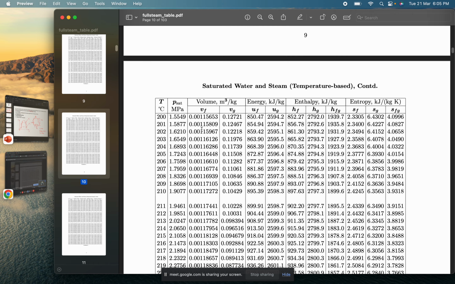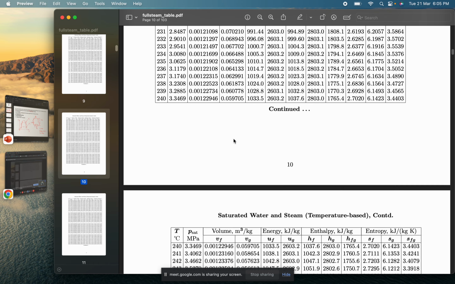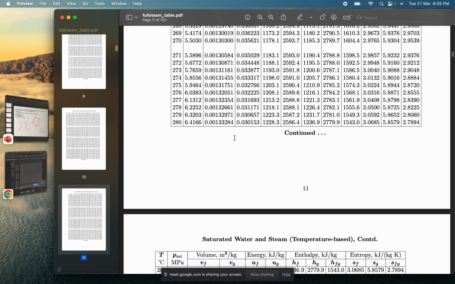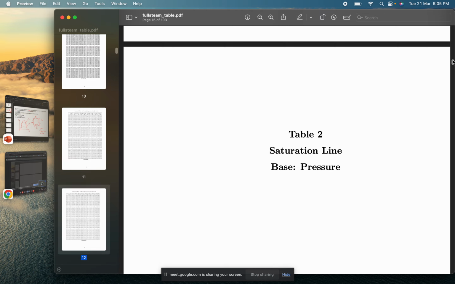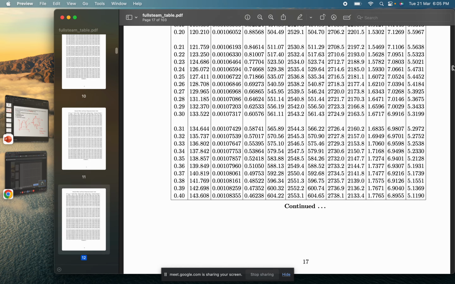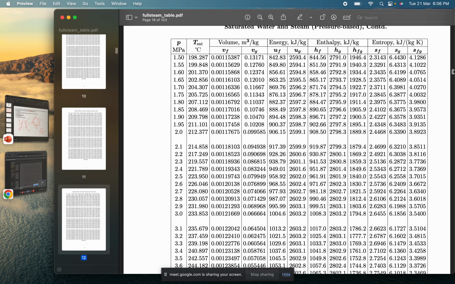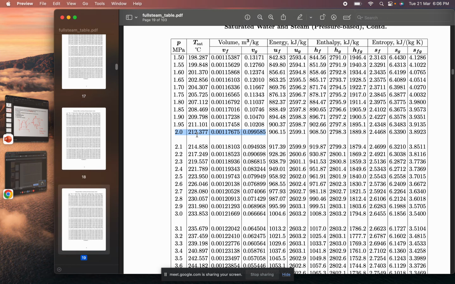So in the pressure chart we go to 2 megapascal. At point 1 we are here at 2 megapascal, and at 2 megapascal what is our saturation temperature?